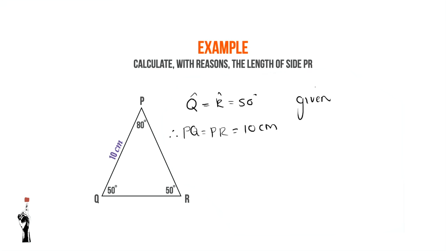How do I know that my two sides are equal? I know that since my two angles are equal, it automatically follows that my two sides are equal in length. So my reason now is sides opposite equal angles.